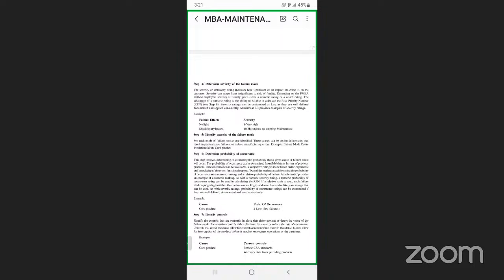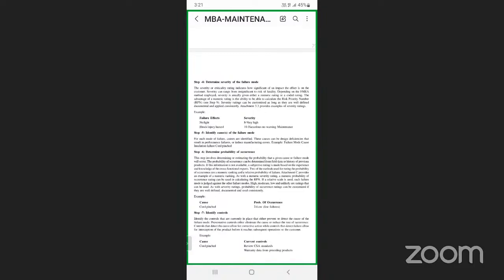Then we have found out the severity of the failure mode, and we have also found out the causes of the failure mode. Why is a particular failure mode caused? What is the real cause of it? And then in the 6th step, we try to find out, for a particular cause to occur, what is the probability? Probability can be found out from the historical information, or personalistic subjective probability values can be assigned.